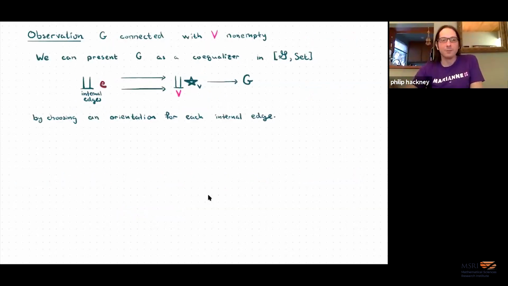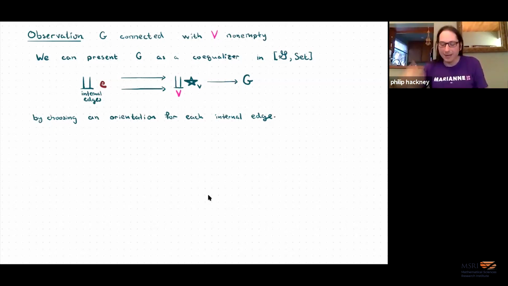So I'd like to make an observation about viewing graphs this way. I don't think it's particularly deep, but if I have any graph, we have some set of edges, some set of vertices, some set of arcs, and so on.